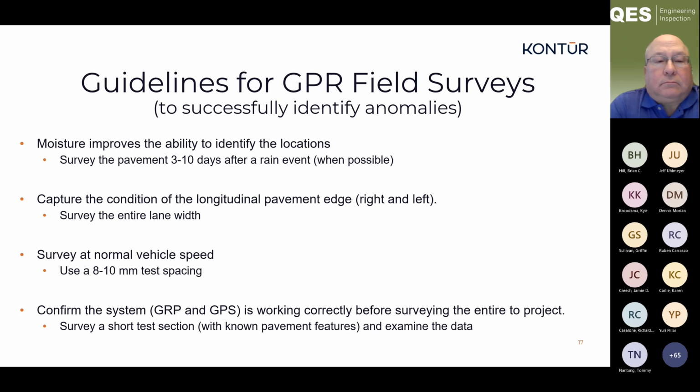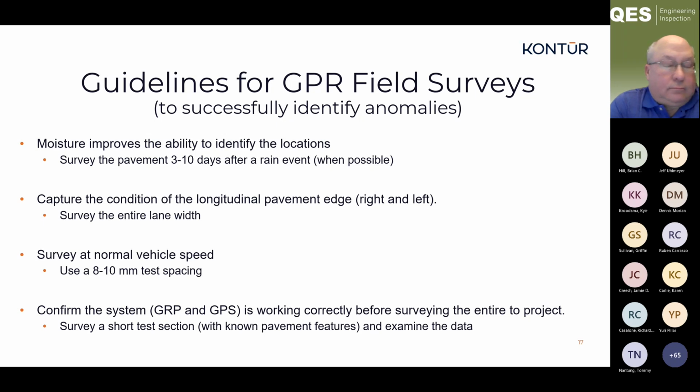And we've had experience, particularly with Caltrans during the SHARP days, that there was a project that had very high reflections, and we were able to identify the damaged anomaly. It was in fact stripping, minor stripping. But when they went back to survey the same location during the dry season out in the desert, you could not find anything. So moisture is one of the keys.